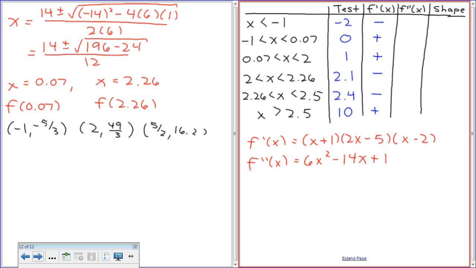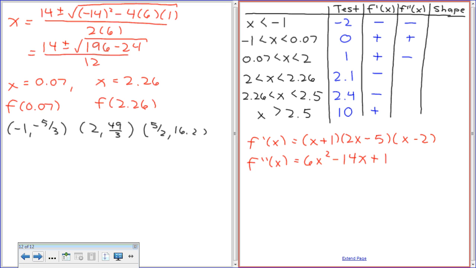For f double prime of x, I'm going to start here with the 0 to make it easier, and that's a plus. Negative 2 squared is 4. 24 minus 28 is negative 4. Plus 1 is negative. 6 minus 14 is negative 8. Plus 1 is negative. Isn't the top one positive?